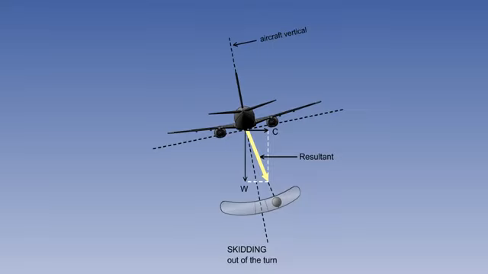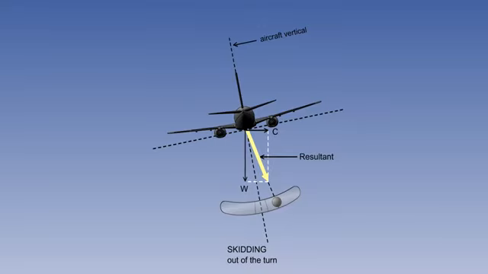The turn will be unbalanced, and the ball will be displaced away from the aircraft vertical towards the outside of the turn. With insufficient bank, the aircraft will skid out of the turn, and the indication on the slip indicator will be that the ball will have moved in the opposite direction to the turn.